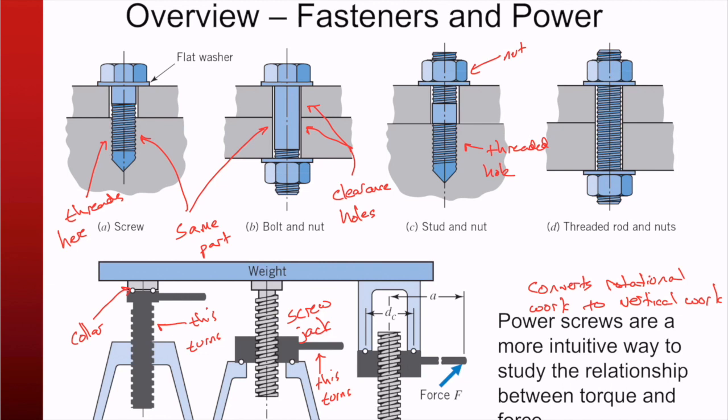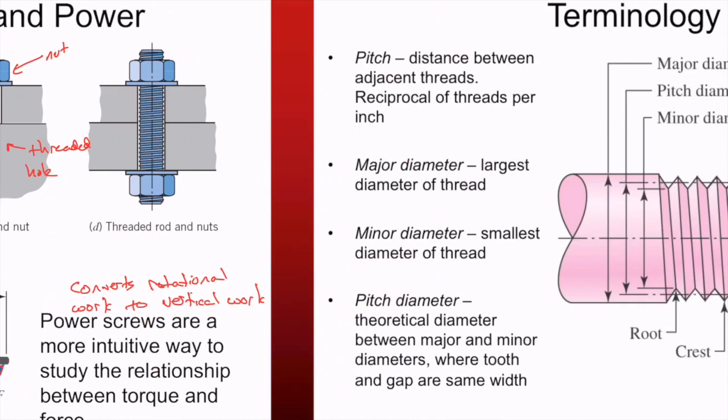So that's a quick overview there. We're going to look most closely at this one, where if I said I apply some force here, I cause this thing to rotate, and I want to lift this weight. All right, that's kind of be the goal of the next few slides.